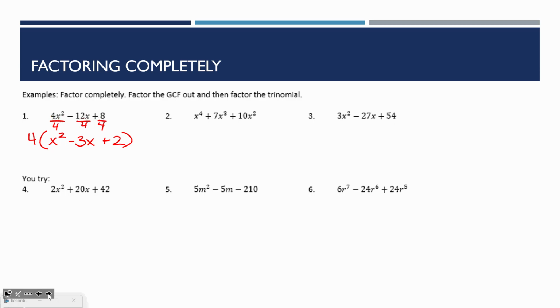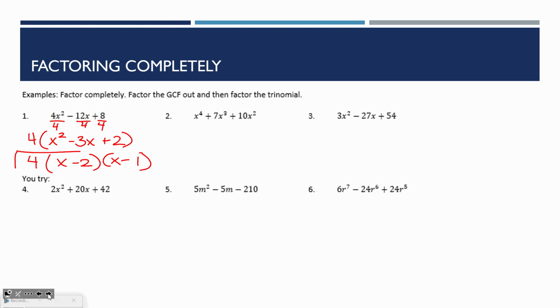Then I'm going to say to myself, what's remaining in the parentheses? That's a quadratic trinomial. Can I factor that anymore? Are there two numbers that multiply to 2 and add to -3? The two numbers that multiply to 2 and add to -3 are going to be -2 and -1.